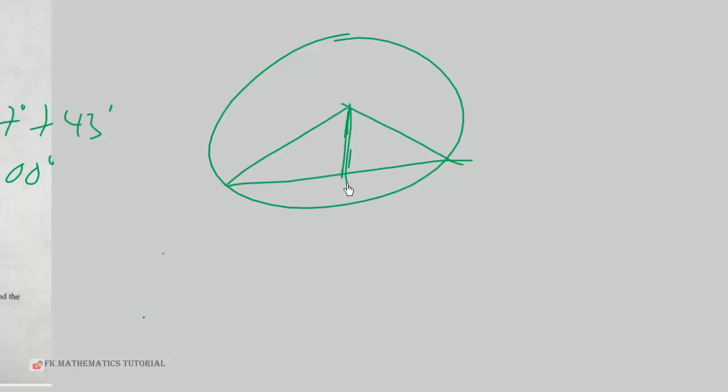If I drop a straight line from the center, it will meet the chord at 90 degrees. So it will divide that chord into two equal parts because this and this are radii. So that will be 6. The angle here is divided into two equal parts, which is 75 degrees.